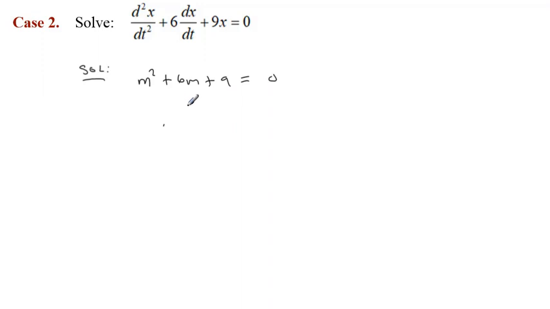Factorizing gave us m plus 3 to the power 2 equal to 0, which means that the factor m plus 3 is repeated. Since it's repeated, in this case twice because of this power, we say m is equal to minus 3 twice.